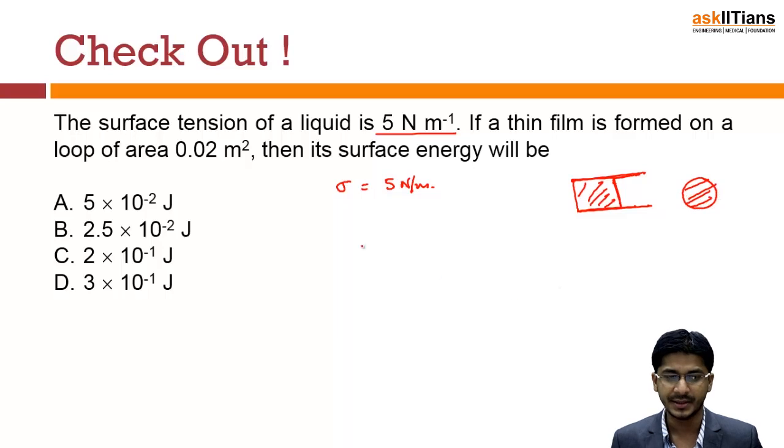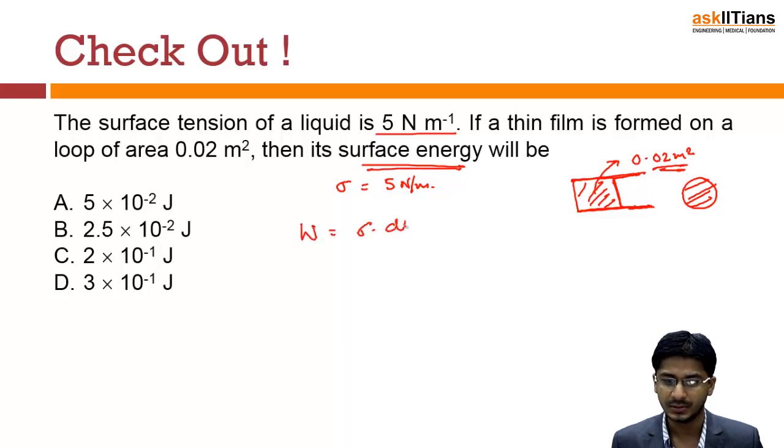So you can consider any situation. Now this thin film has an area of 0.02 meter square. What will be the surface energy of this? Now we know that the work done is sigma times dA.